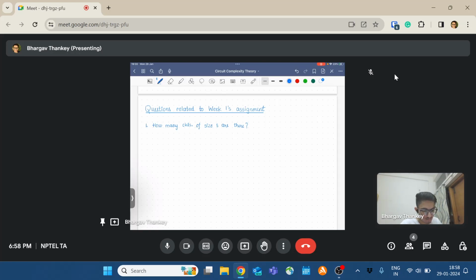And in B2, there are 16 different gates possible. So that's 16 times (N plus S minus 1) raised to the power 2, and then we raise this to the power S, which is the size of the circuit, the number of gates, the internal nodes in the graph.